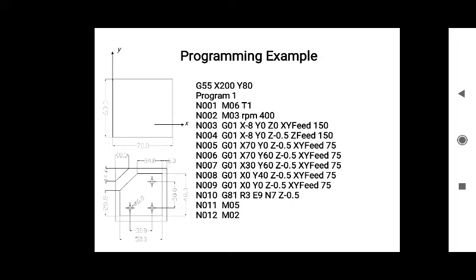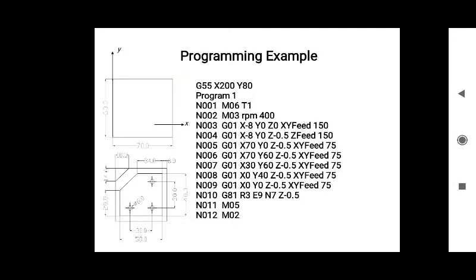Okay, in such a way we can move a cutter. So here you can see N006, our cutter is moving from X70 Y0 to X70 Y60 over here. Now our cutter is here, after N006.